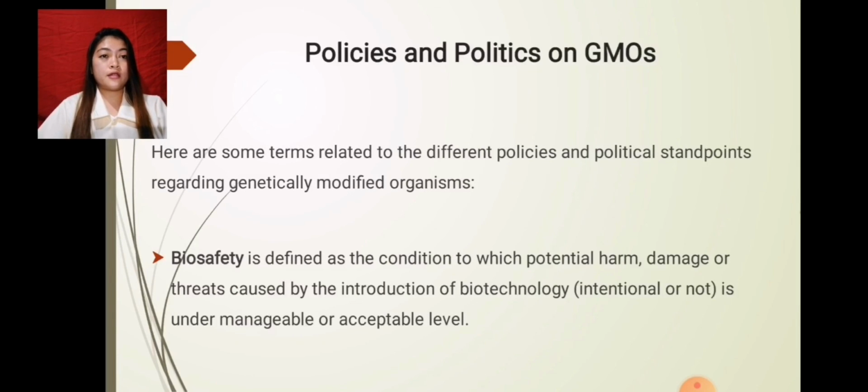Policies and politics on GMOs. Here are some terms related to the different policies and political standpoints regarding genetically modified organisms. First, biosafety is defined as the condition in which potential harm, damage, or threats caused by the introduction of biotechnology, intentional or not, are under a manageable or acceptable level.